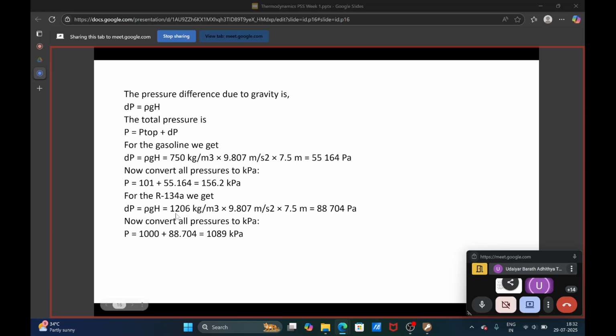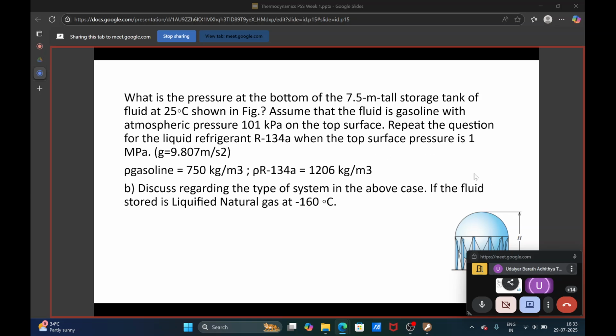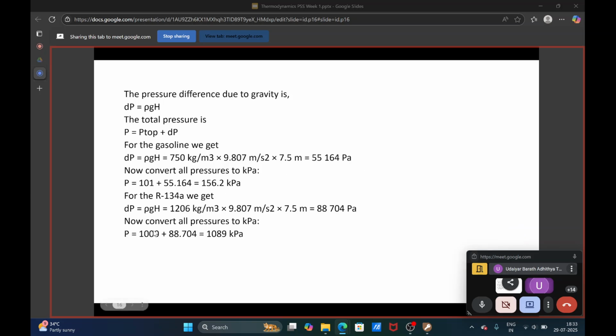The density is 1206 kg per meter cube, so the pressure difference comes out to be 88,704 Pascal. The top surface pressure is 1 megapascal, which is 1000 kilopascals. So 1000 plus 88.704 is close to 1089 kilopascals.